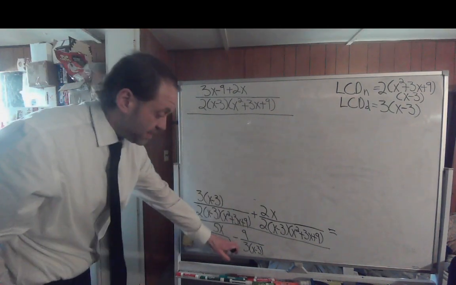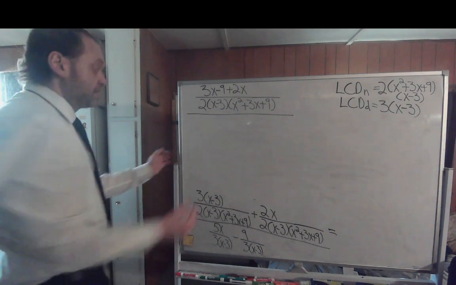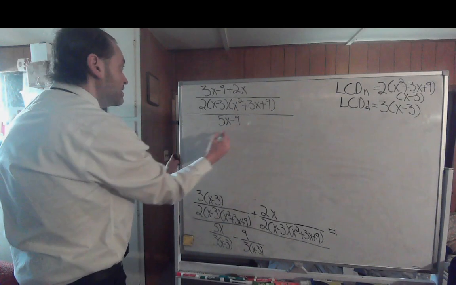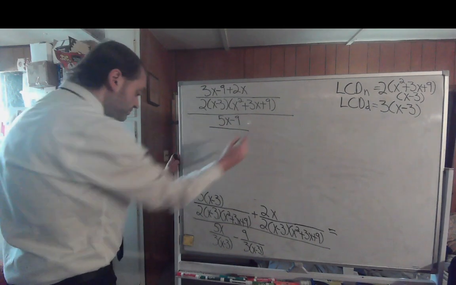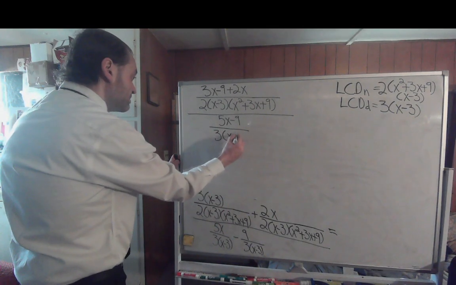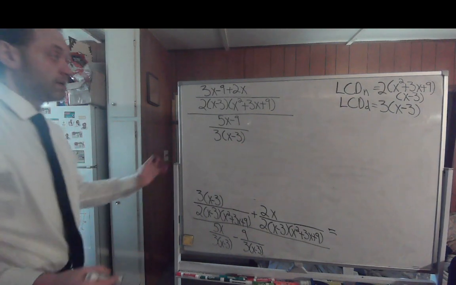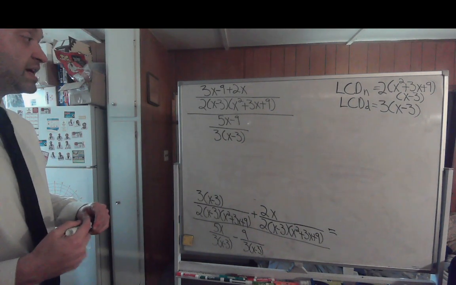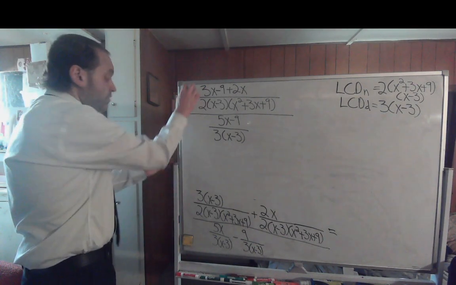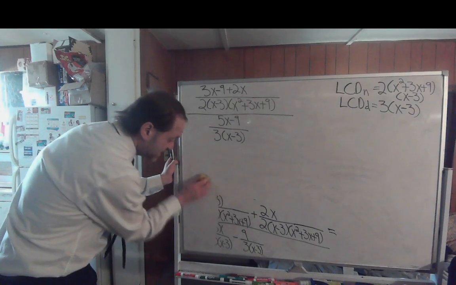Now the denominator also has the same common denominator, all over 5x minus 9 over 3 times x minus 3. Well, we can simplify the numerator even more. In fact, I'm going to go ahead and erase this bottom part now so we can stay ahead of this.